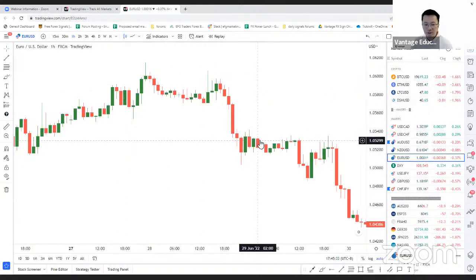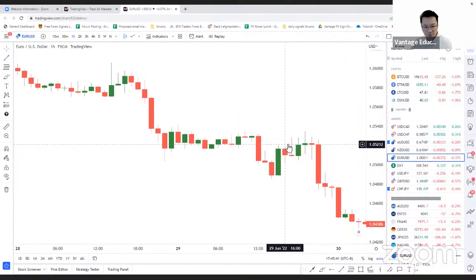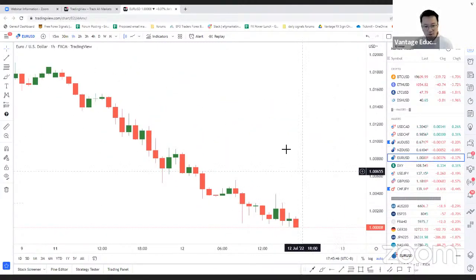Pushing down again, and also with the euro weakness, all that coming together, pushing the euro dollar towards the downside. So several reasons there pushing the euro dollar down, not just the candlestick patterns.